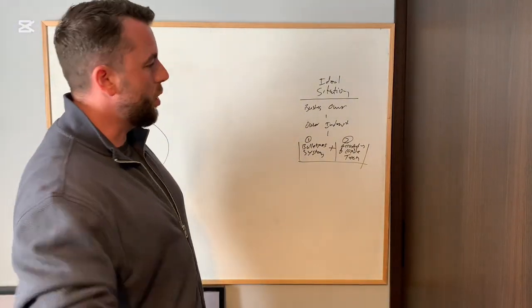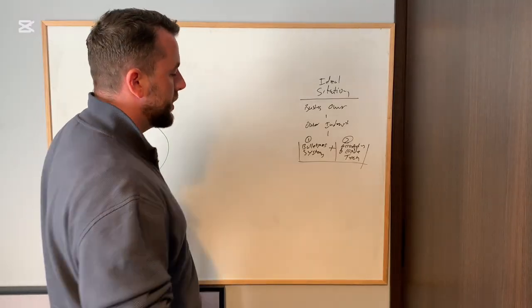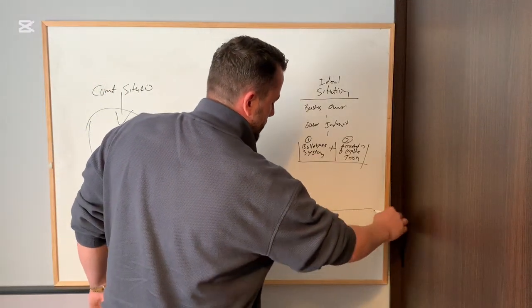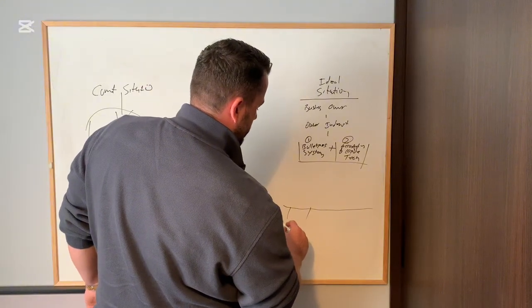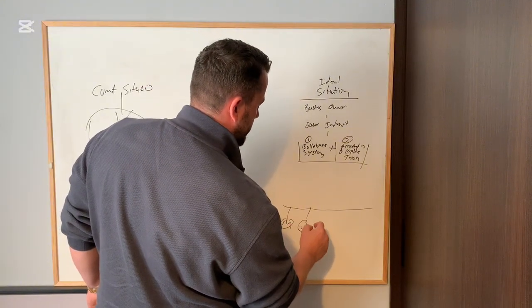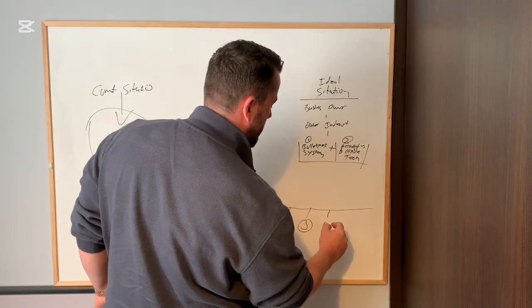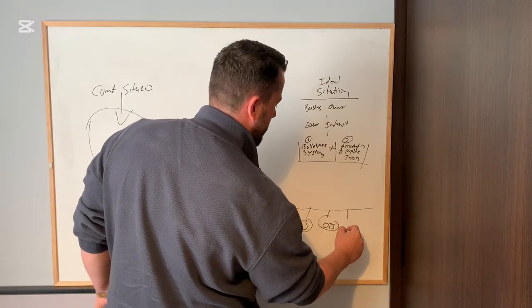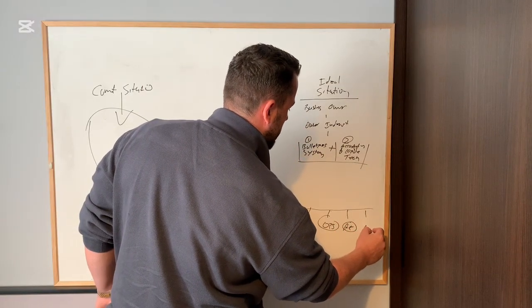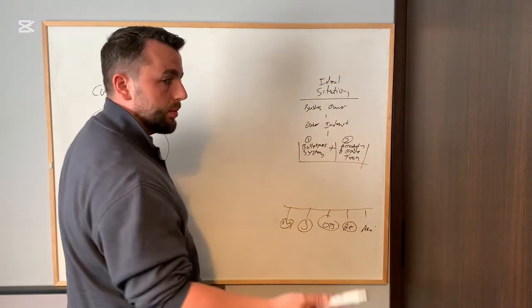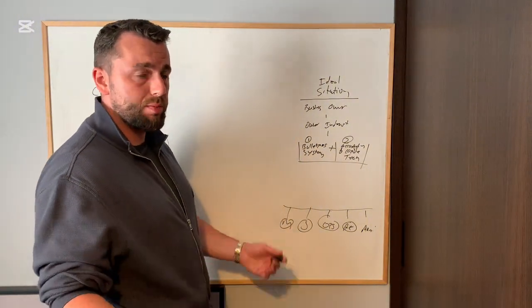Now, if we look at an org chart, which I've covered in some of the other videos, we have everything below the management line. So we've each department. We've got marketing, we've got sales, operations, accounting, and then we can put in admin, okay? And within each department, we're going to have different team members.